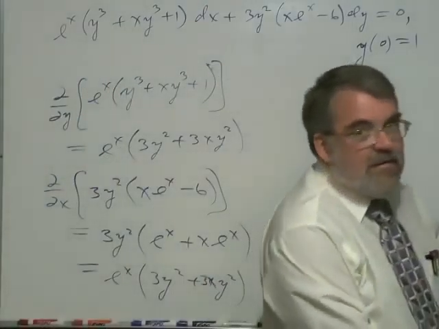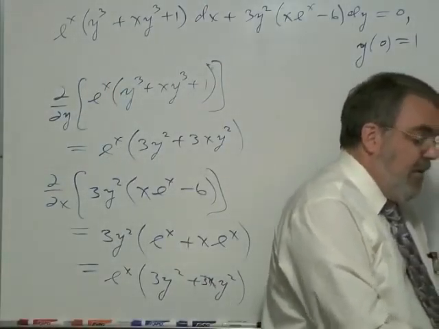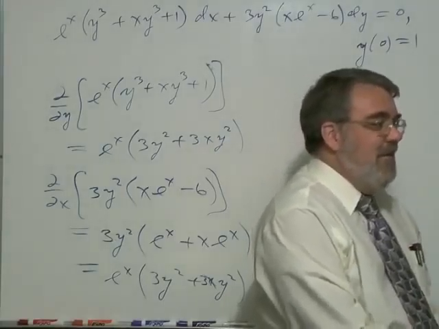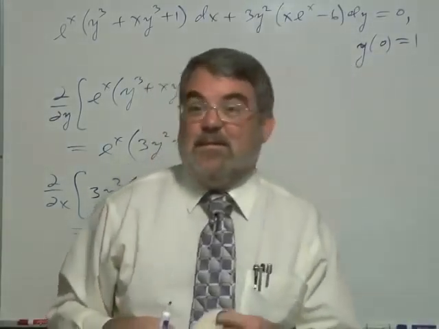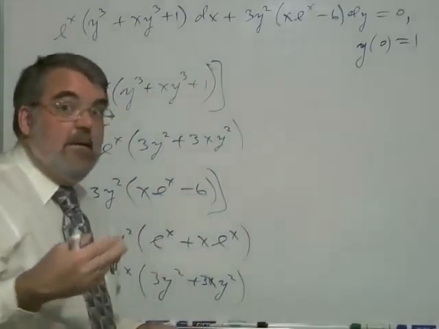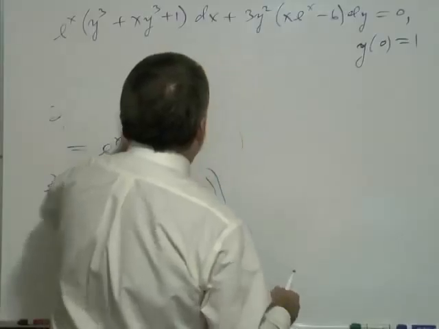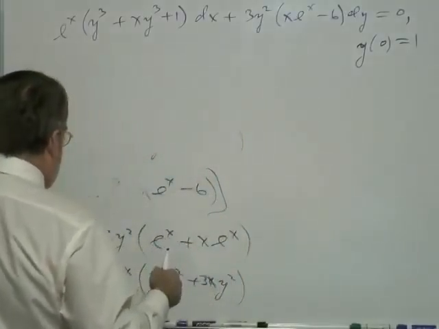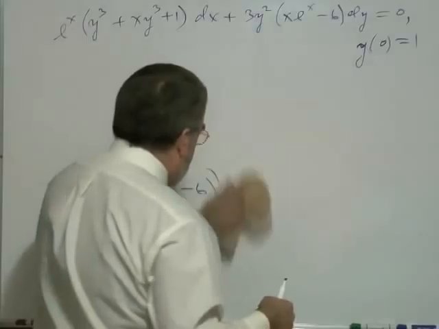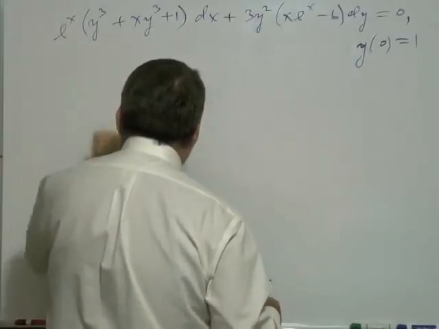We expected that because it's in this section. However, faced with a test, you may have to verify whether something's an exact differential equation before you can legitimately use that technique to solve. The verification work we just don't need anymore, so we can erase it once it's verified.